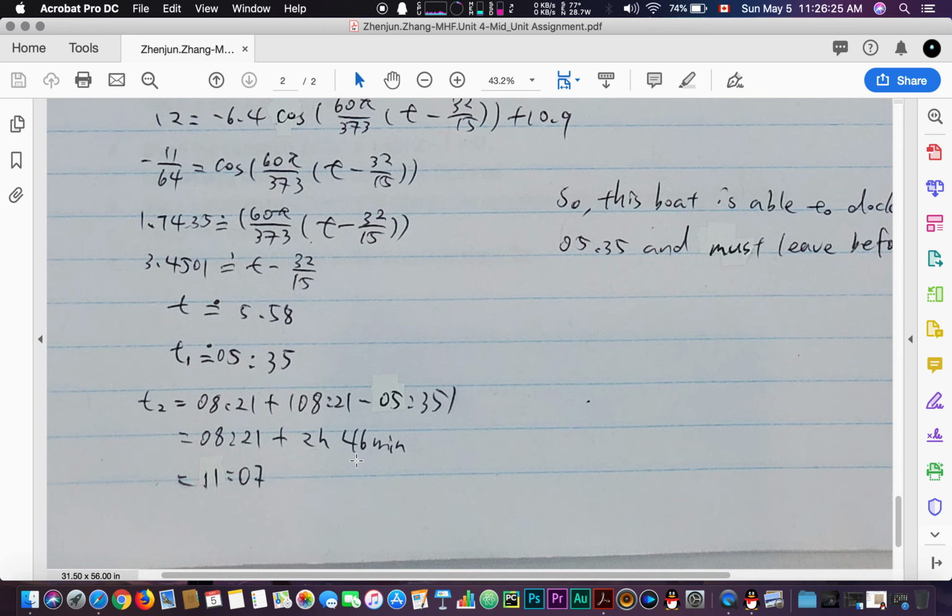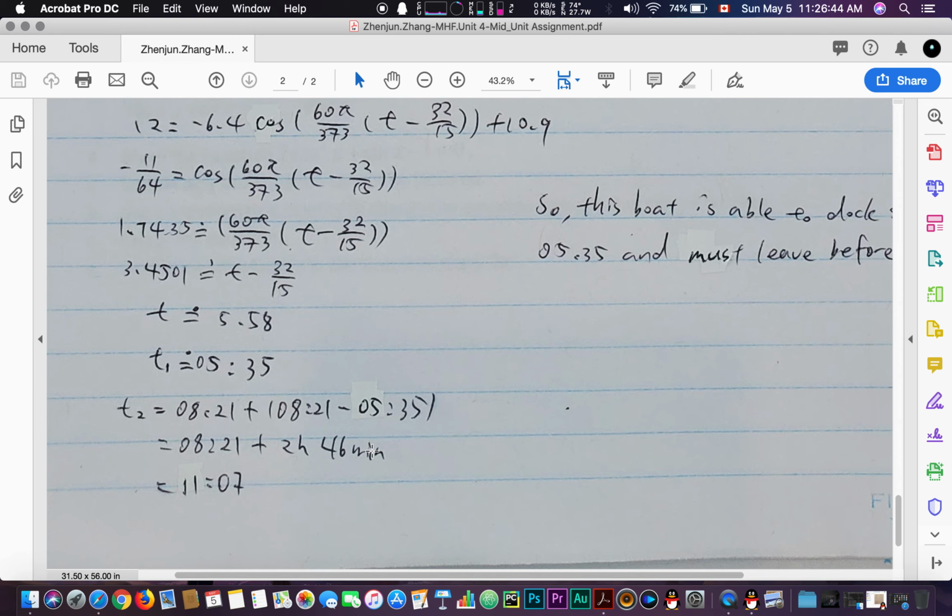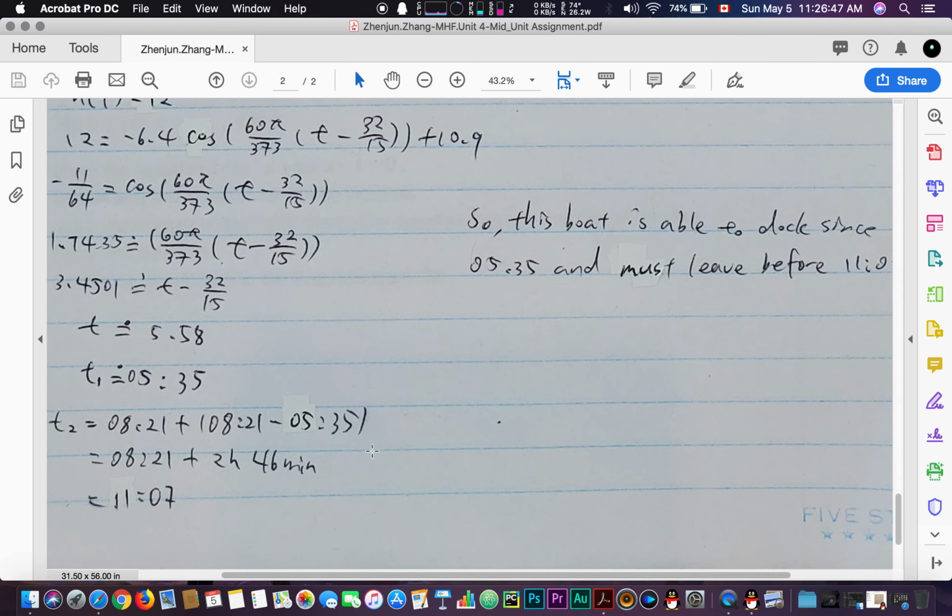And then we have our 21 minutes plus 46 minutes, so we add 1 hour to the 10 o'clock, which is 11 o'clock. And then we have 7 minutes, so that's 11 o'clock, 7 minutes. So 11:07 in the morning.